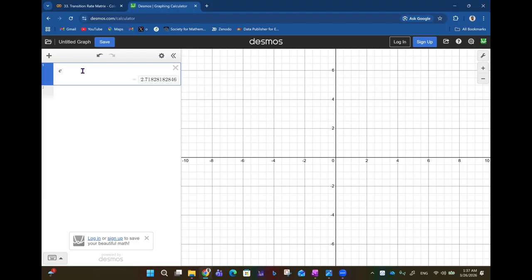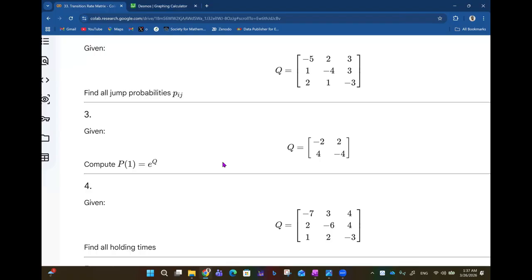So we have e raised to the power... How can I declare a matrix here? That's not working. Okay, no worries. Let's just keep going.